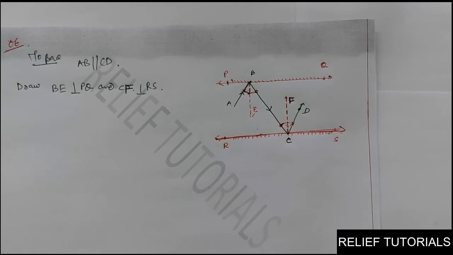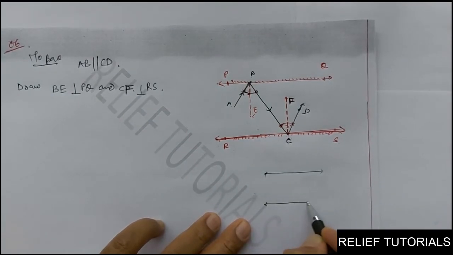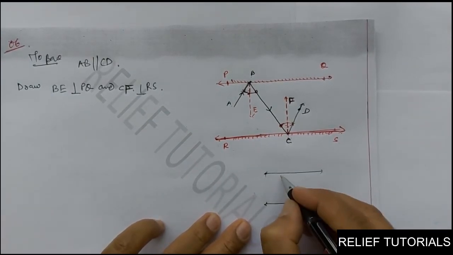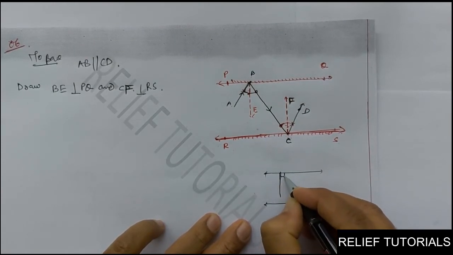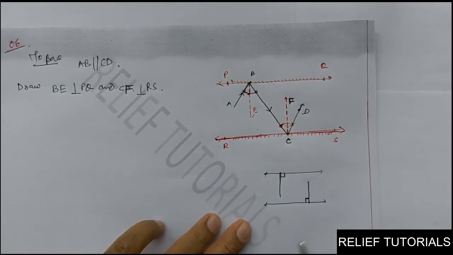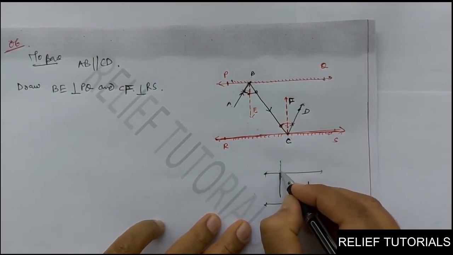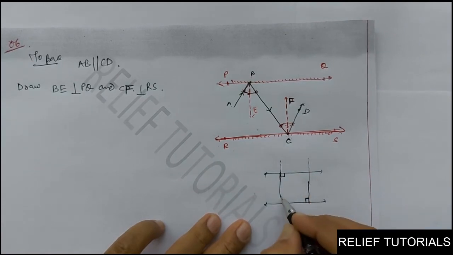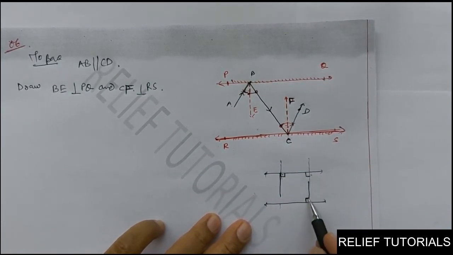Now, you might know that in lower standards we have said that if these two lines are parallel lines and I draw this perpendicular, this will be 90 degrees. If I draw one perpendicular here, this also will be 90 degrees.